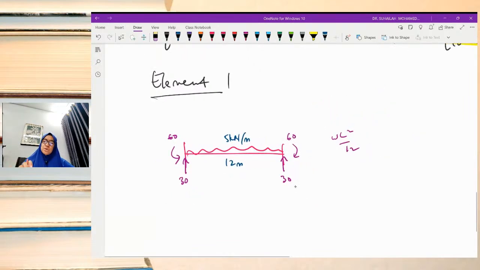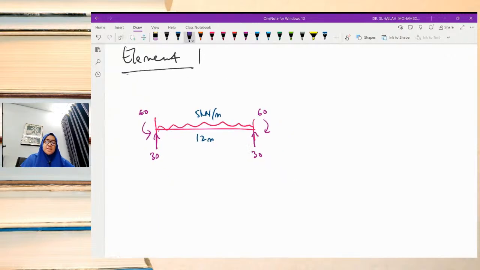Okay, so from this, since this is member AB, or nodes 1 and 2, at node 1 and node 2 we have the degrees of freedom.